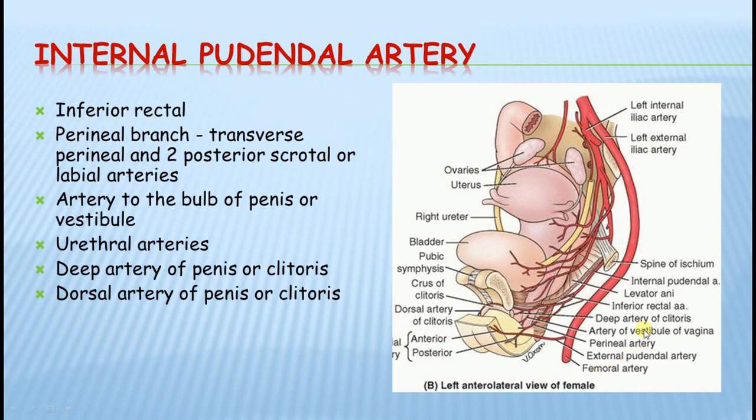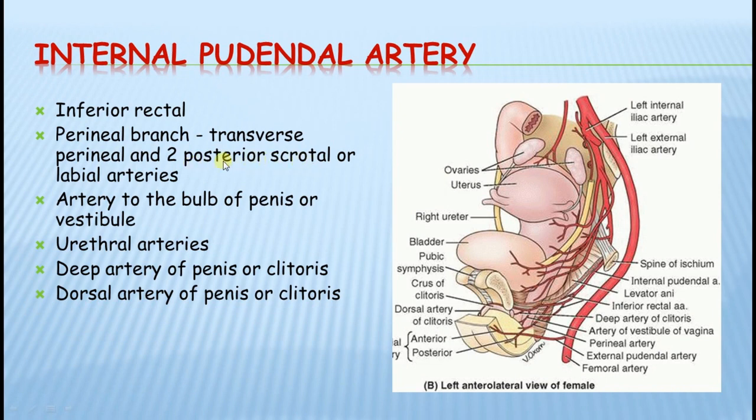The inferior rectal branches supply your rectum. Then the perineal branch, which again divides into the transverse perineal artery and the posterior scrotal or labial arteries.